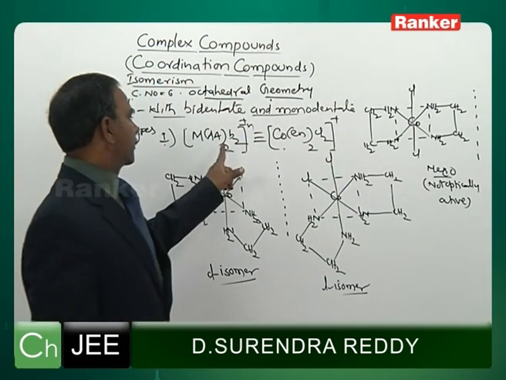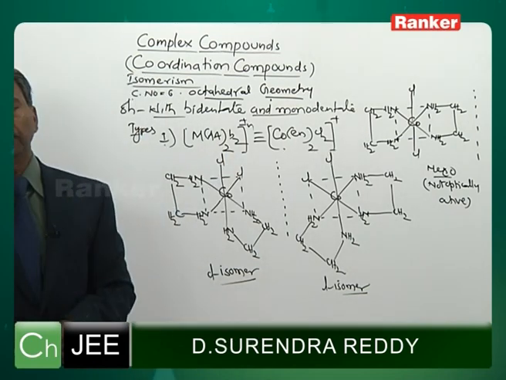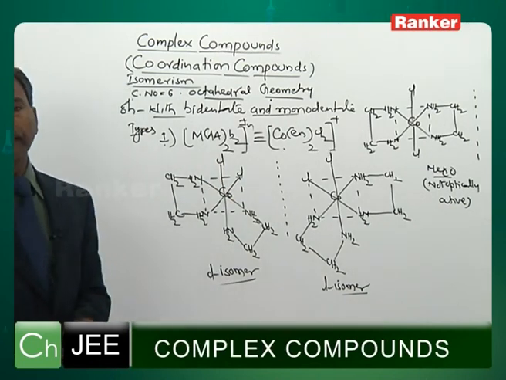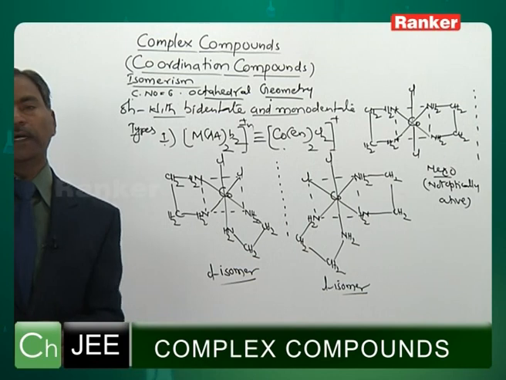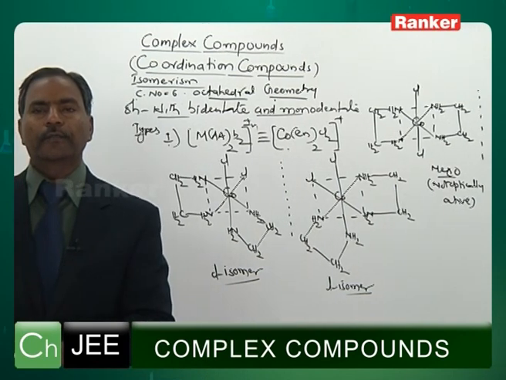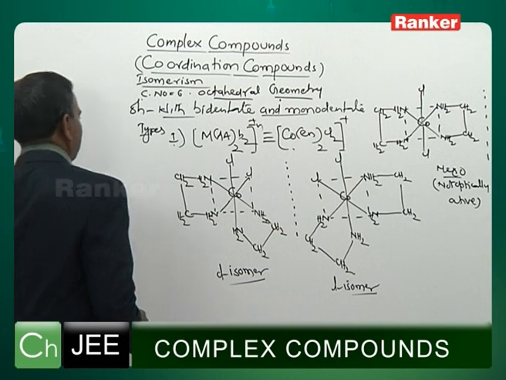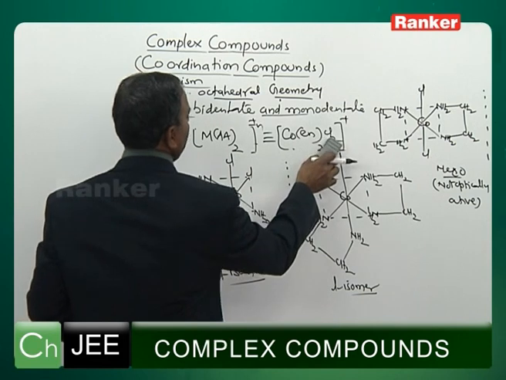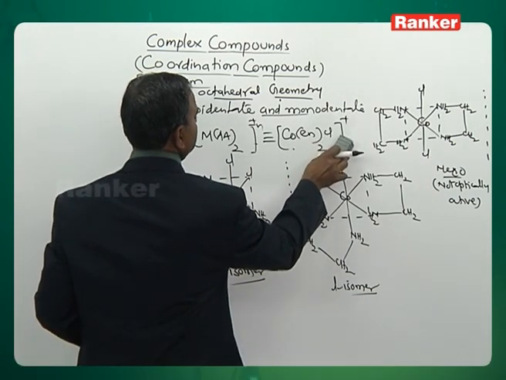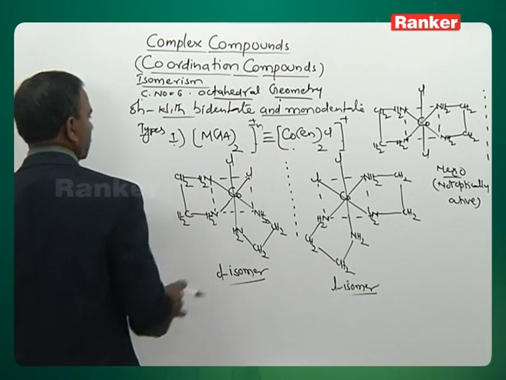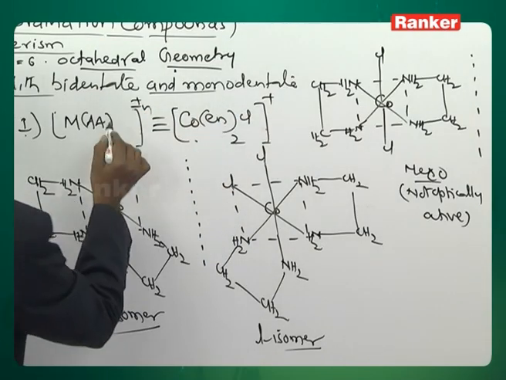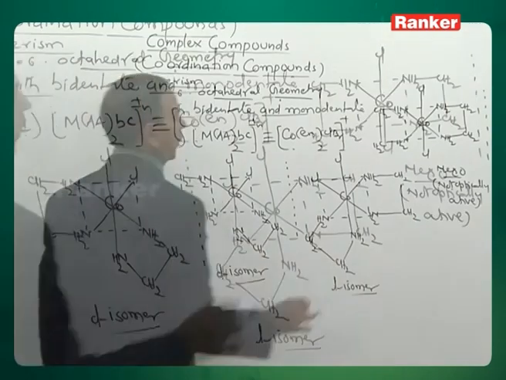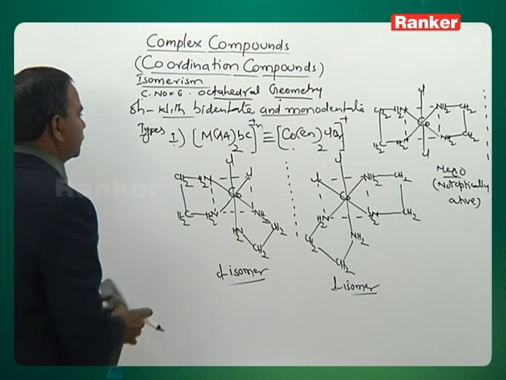Similarly, you can also show for M(AA) taken twice, BC. It is more or less the same. Instead of chlorine and chlorine, we can write Cl and Br. We can show for cis that is optically active, and trans that is not optically active. Let me show that one. M(AA) taken twice, BC, ClBr.